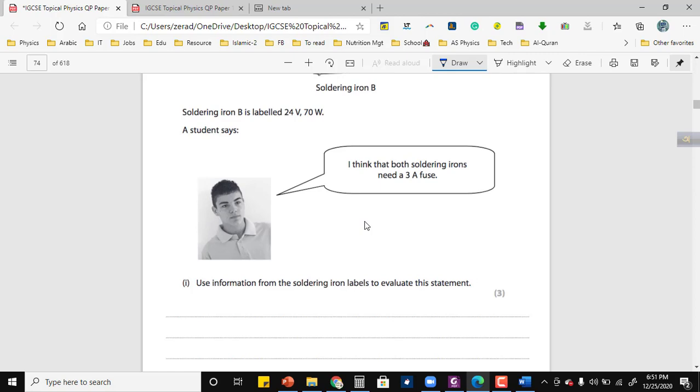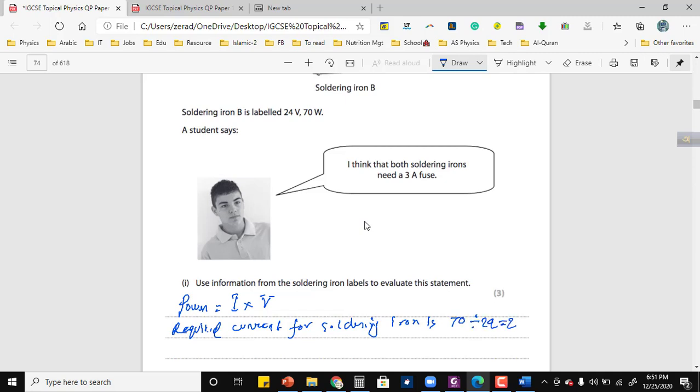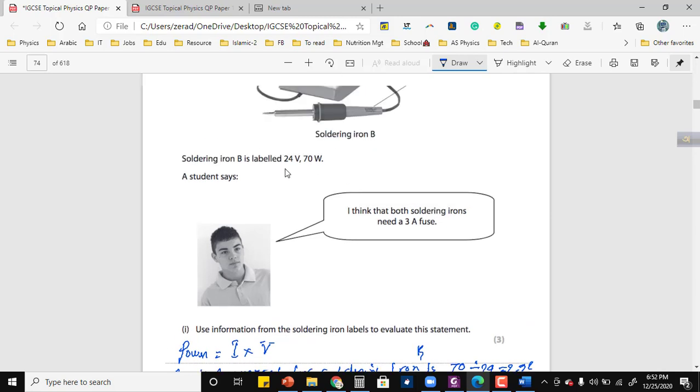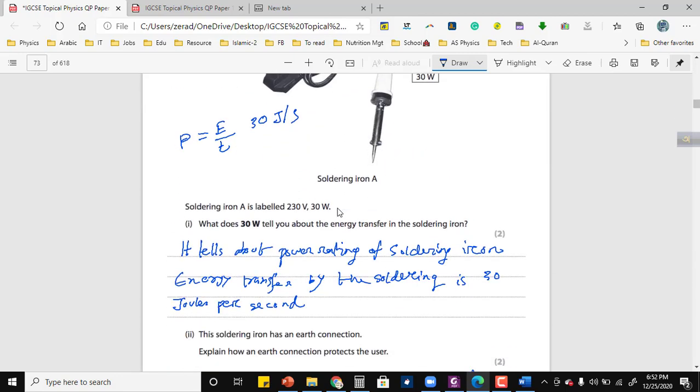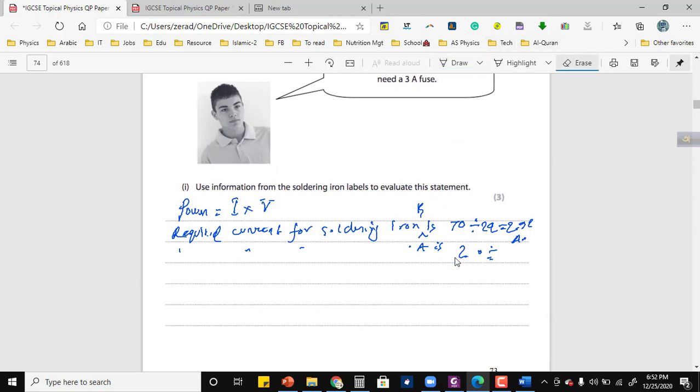So we know that according to the formula, power is equal to current I multiplied by V. So from that we can calculate the required current for soldering iron B, which is 70 divided by 24, which is 2.92 amps, and the required current for soldering iron A is 30 divided by 230.